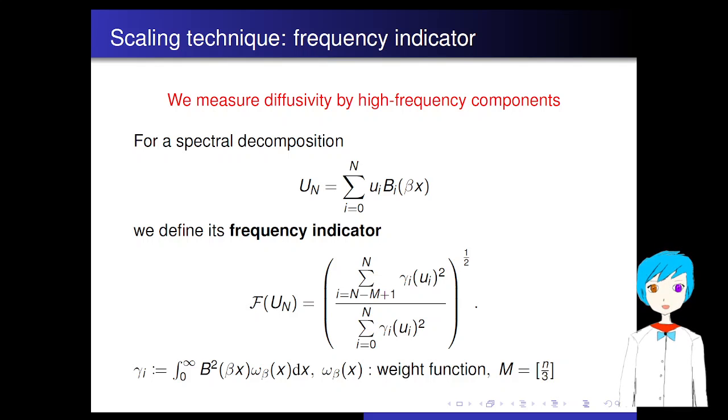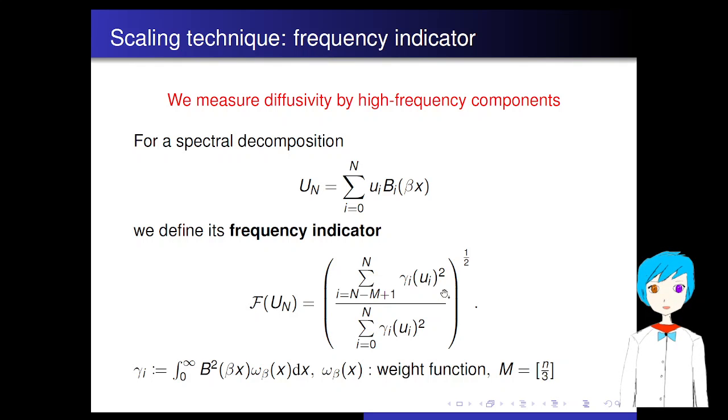So how do we determine when we should decrease the scaling factor? We measure diffusivity of a function by its high-frequency components, because usually in an unbounded domain, in a set of unbounded domain-defined basis functions, the high-frequency components decay more slowly than the low-frequency components. So we define the spectral expansion's frequency indicator as follows.